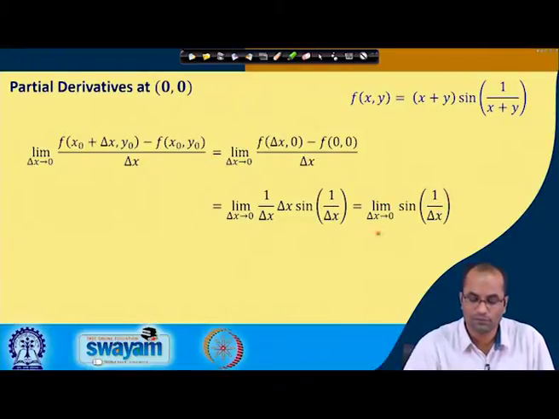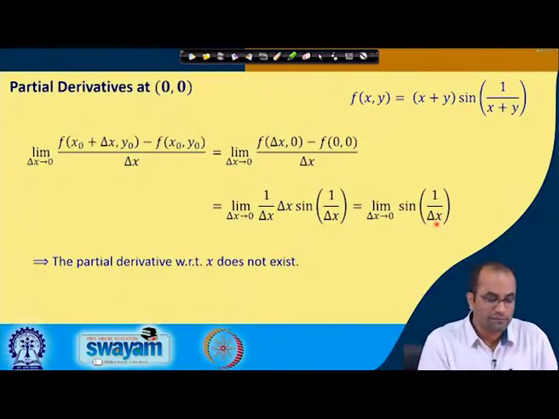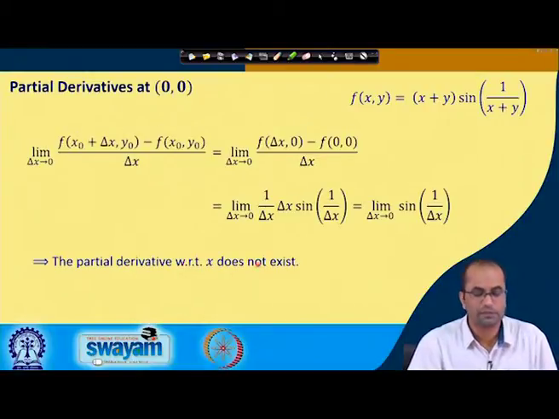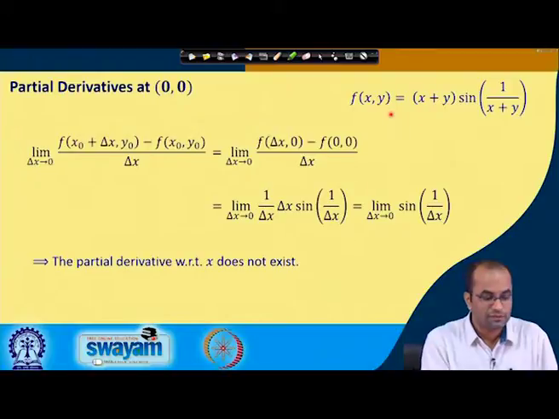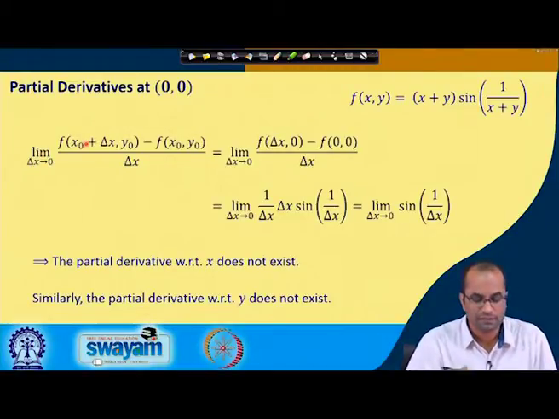We cannot conclude the value. So, this limit does not exist, which means the partial derivative with respect to x does not exist. Obviously, a similar calculation can be done for y, and we will find that the partial derivative with respect to y also does not exist.